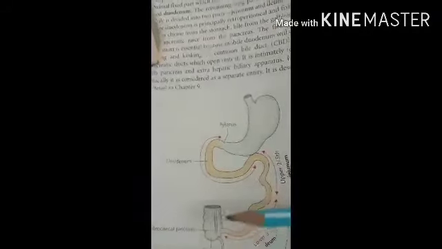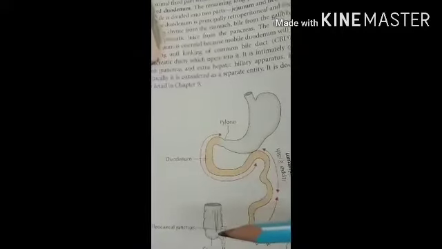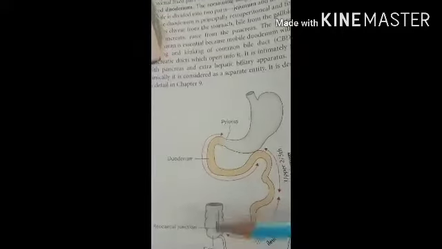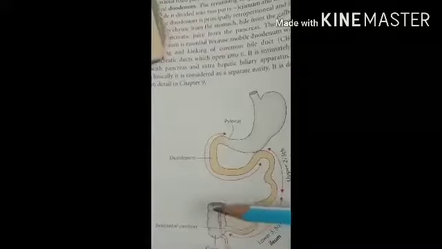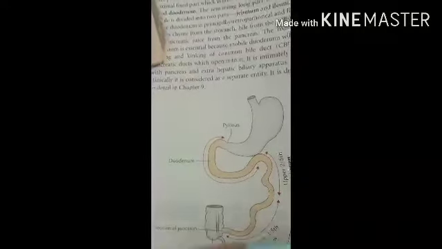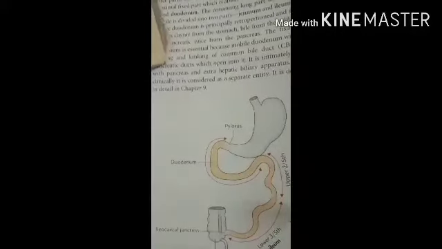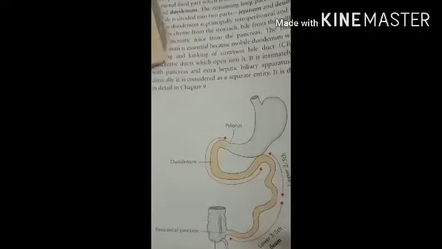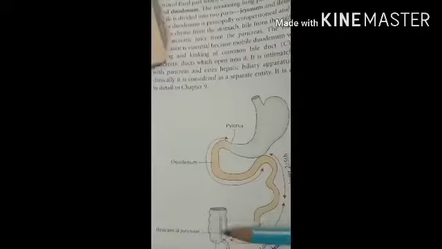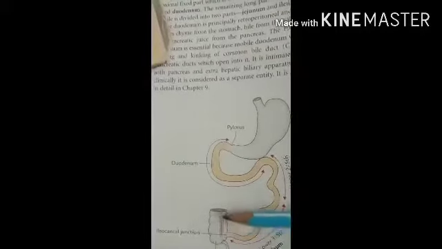In the large intestine they are obliterated when the longitudinal muscular coat is relaxed, and these are temporary folds. Then the Peyer's patches are present in the ileum, and they are totally absent in the large intestine.